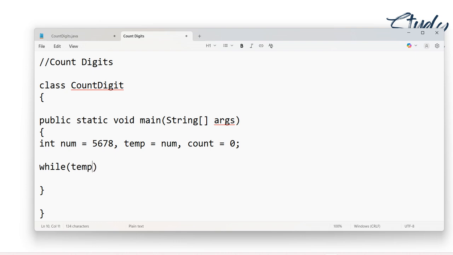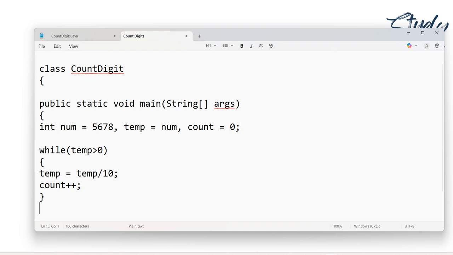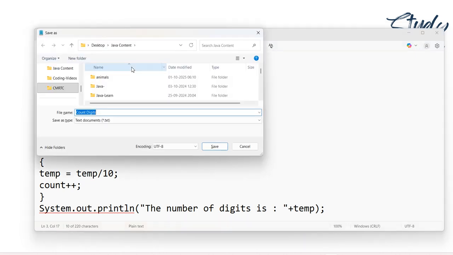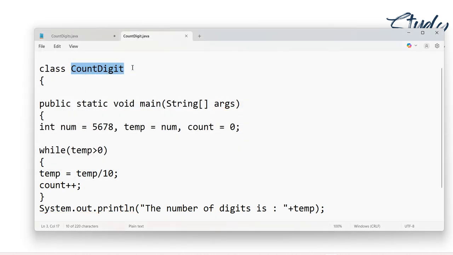While temp is greater than 0, temp is equals to temp by 10, count plus plus. System dot out dot println. So we're going to go with the number of digits is. Okay. So you can just pause, have a look at the code that we've written.